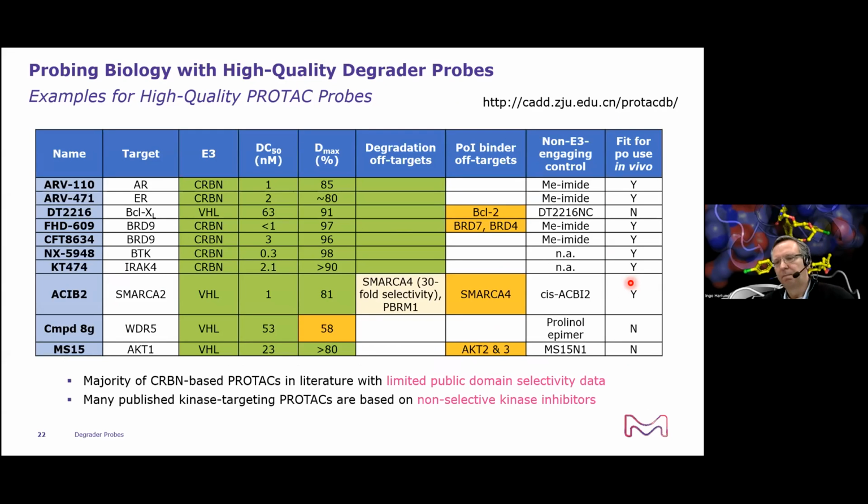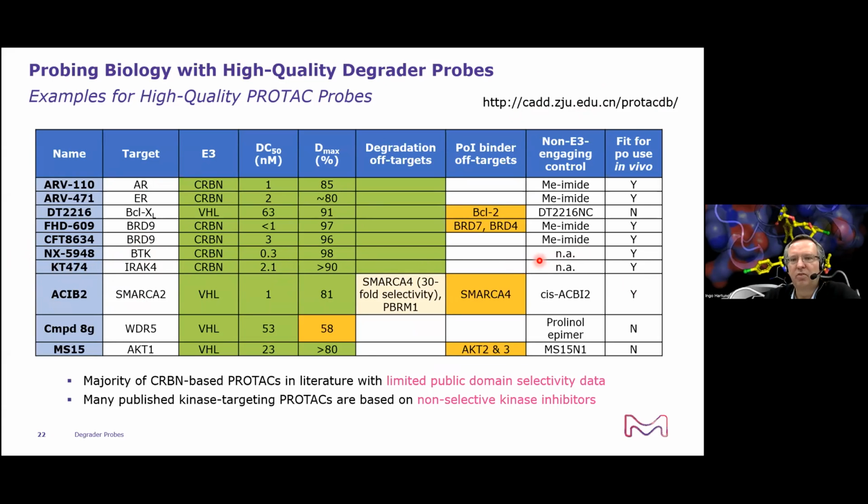So, PROTACs. That's obviously a way more complicated question. Nobody is probably able to really follow the field about all the PROTACs which are published. You can go to some databases, but it's challenging. I've added a few more examples beyond what was listed in the J Med Chem paper, based on disclosures last summer: a Nurix BTK degrader and a KGaA IRAK4 degrader, and you will see the structures on the next slide, which clearly also fulfill the potency and selectivity criteria.